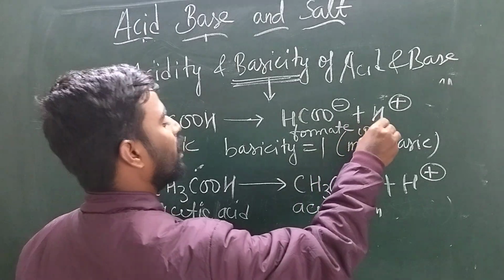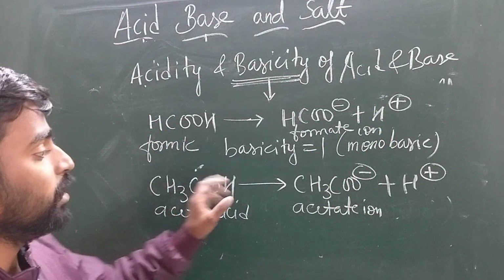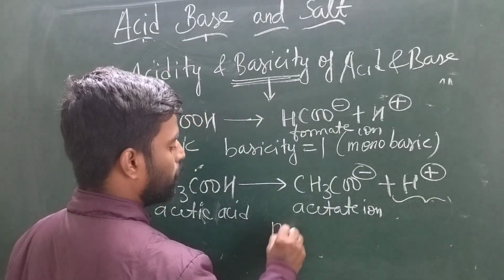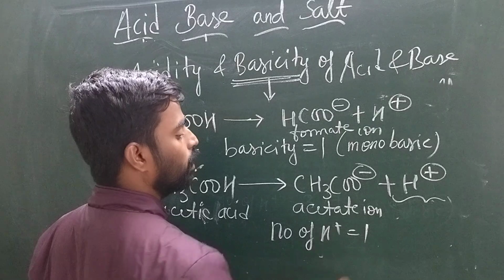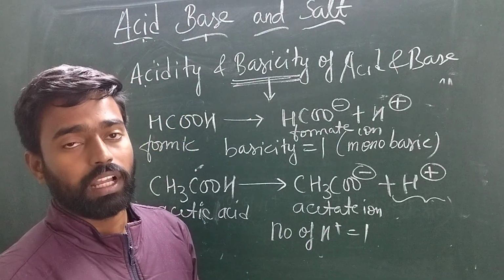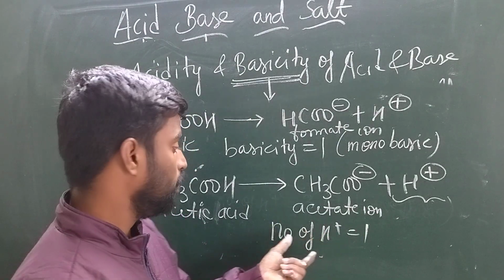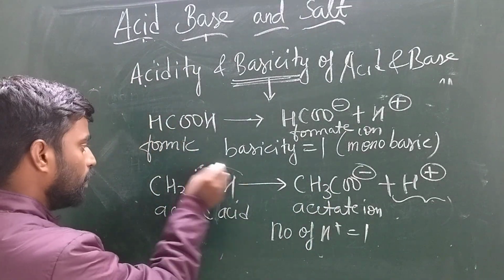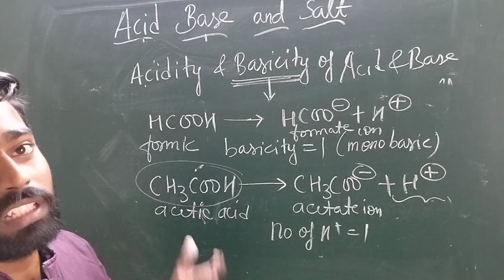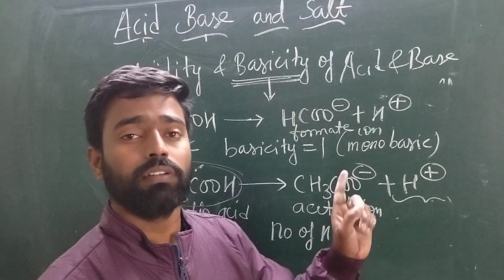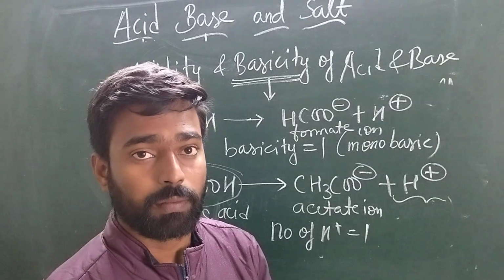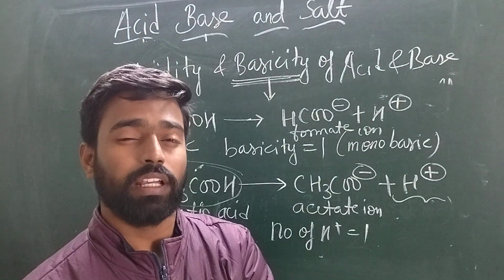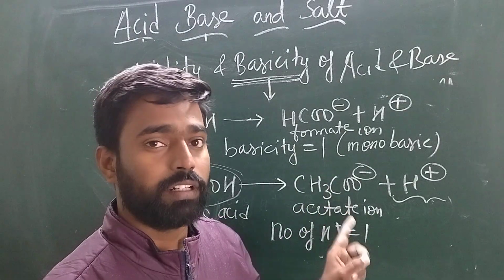Now, acetic acid gives only one hydrogen ion. Number of H plus is equal to 1. So it is also monobasic and its basicity is also 1. The question is that there are 4 hydrogen atoms in acetic acid, but in aqueous solution it gives only one hydrogen ion. Why? When it dissolves in water, it gives only one hydrogen ion, so it is monobasic and its basicity is 1.